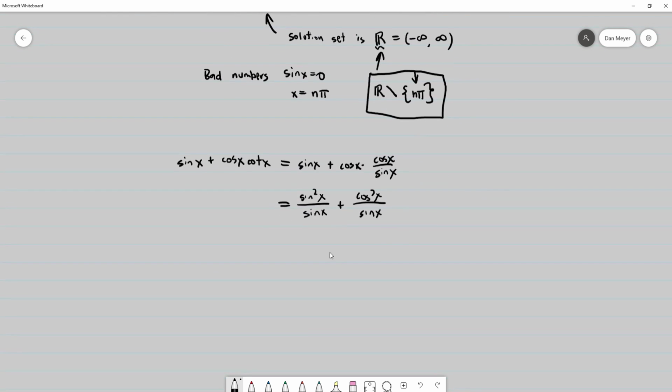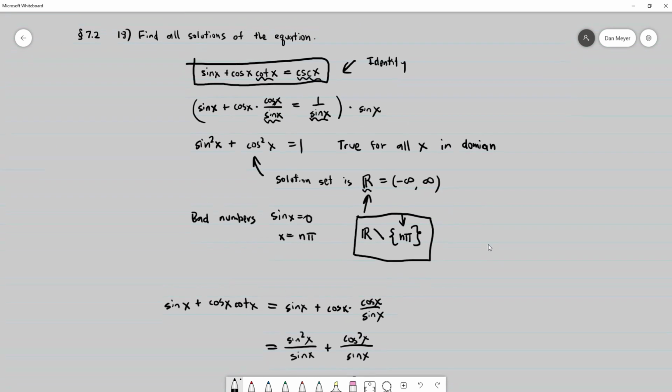And now add those fractions together, get sine squared plus cosine squared on top, and the rest is pretty straightforward. I feel like maybe we did one just like this, or maybe I'm misremembering. So that's 1 over sine x, which is cosecant x. Right, so that's how we would prove that that's an identity.